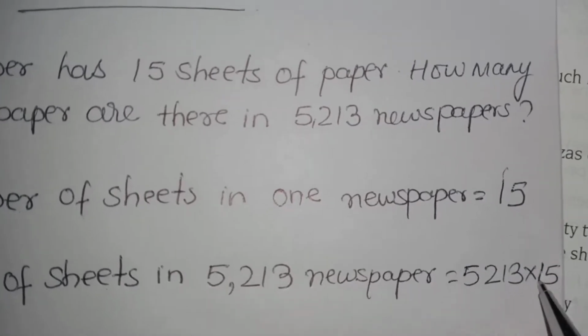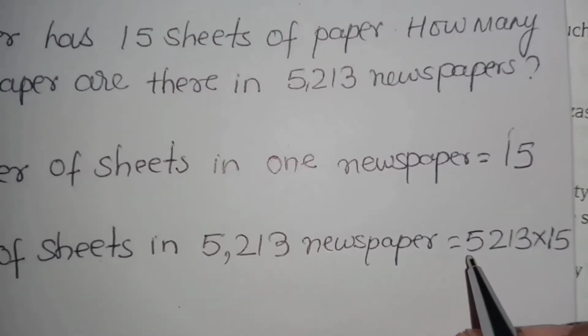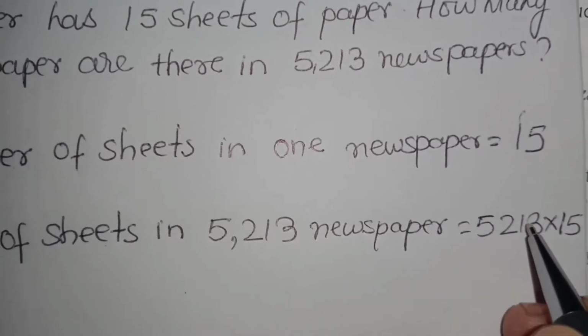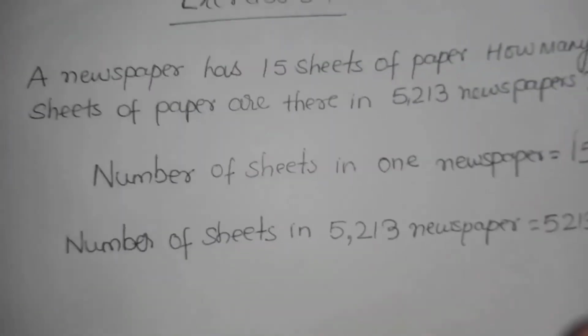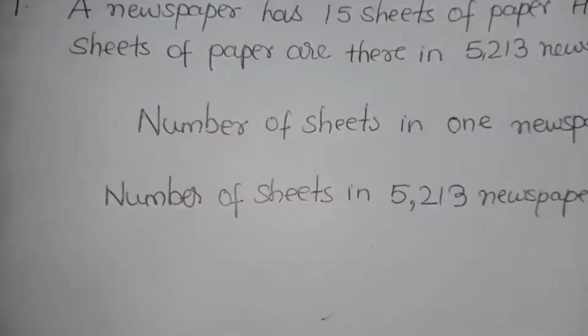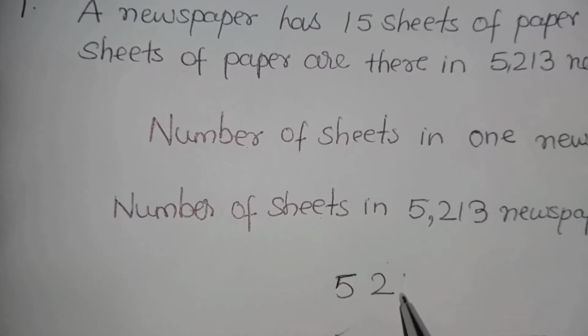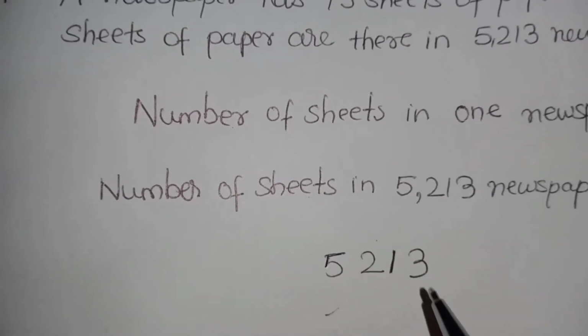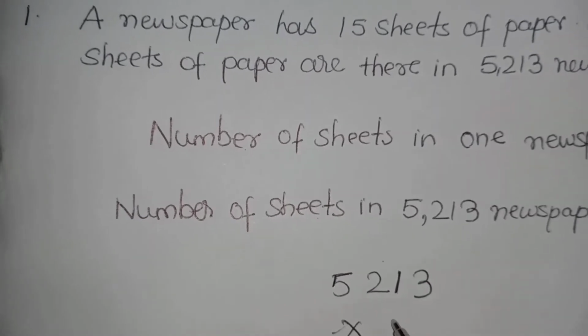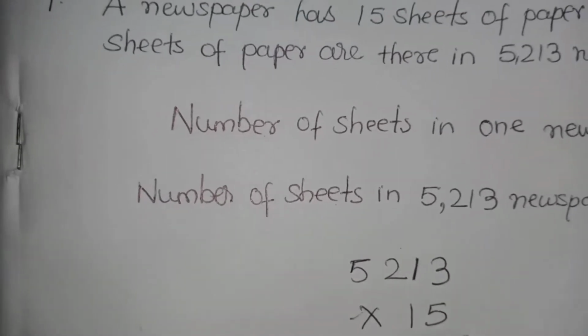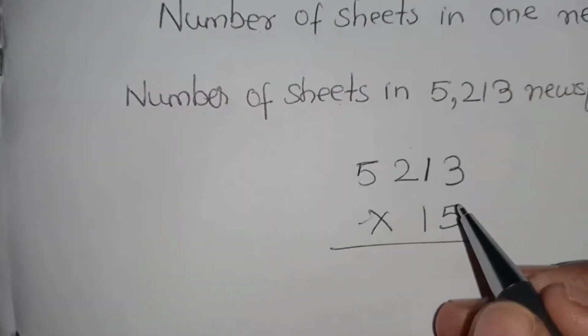So we will get the number of sheets in 5213 newspapers. So now let's multiply: 5213 into how much? 15.